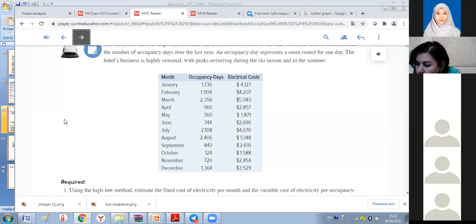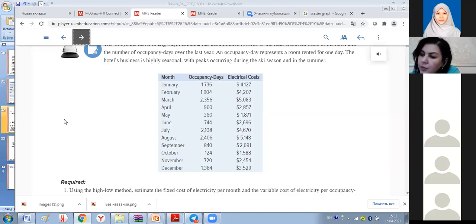And now change in cost divided by the change in activity level. So what is the result? Is it 1.60?